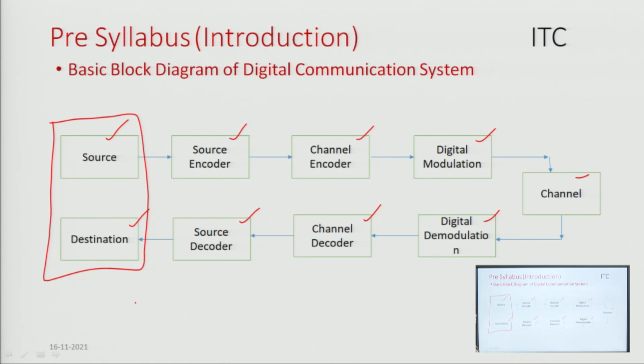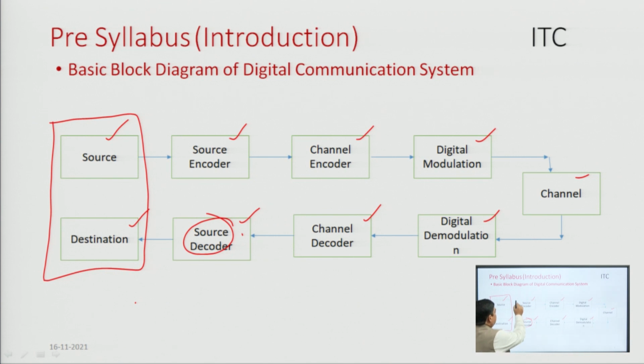Similarly, whatever signal or information comes from the source is encoded at the source encoder, and in the same way it is decoded at the source decoder. You can say whatever method you are using is a reversible method, so that the same information you transmit is received. It can be a unique way of encoding and decoding.